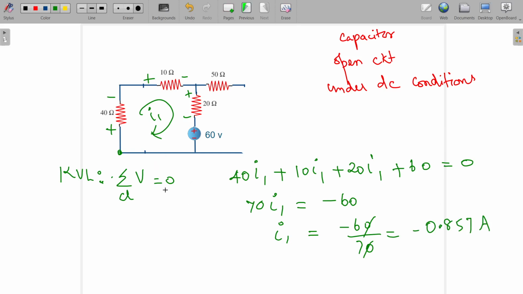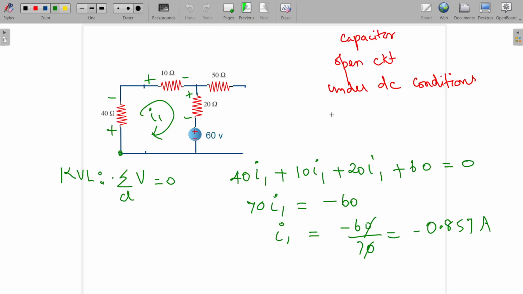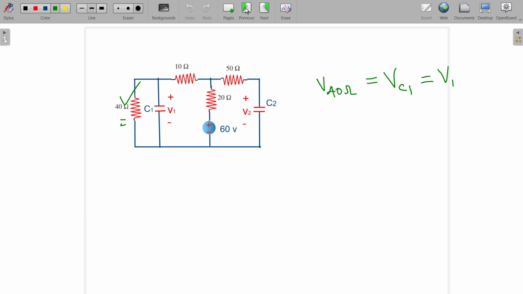Actually, this capacitor C1 is connected across this 40 ohm resistance. So the voltage across this 40 ohm resistance will be related to the capacitor voltage VC1, which is given here as V1. What is V40? It is the voltage across this 40 ohm resistance. Already we know the current I1 is equal to minus 0.857 amps.